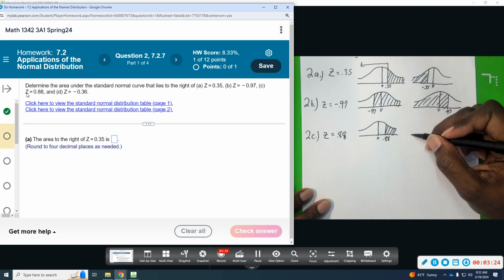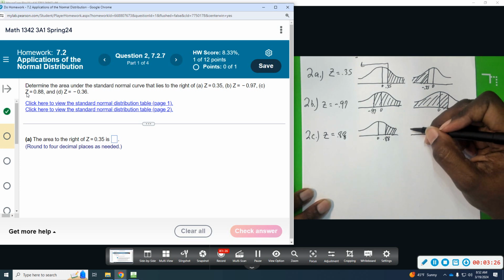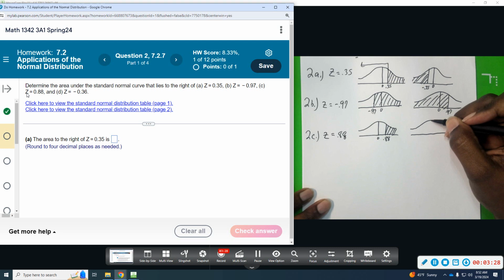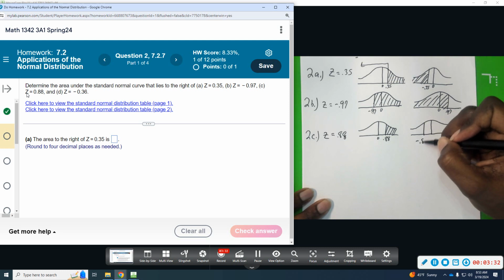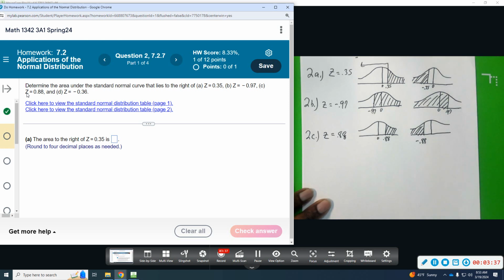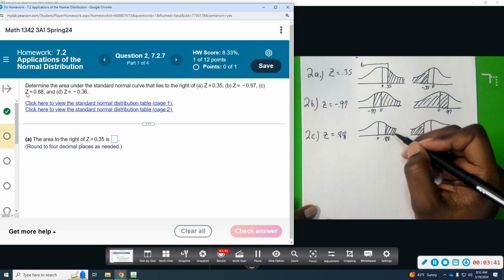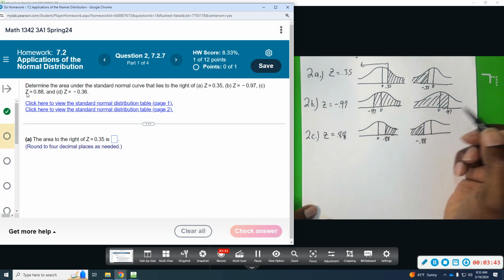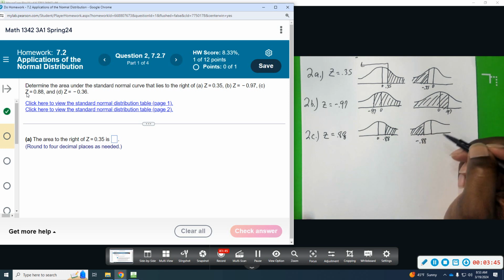If I want to find that, I can do 1 minus, or I can look up the opposite, which is negative 0.88. Anytime I want to find the right, I'm just going to look up the opposite. It's easier to do that. The 1 minus, you just have to do a little math. It's not bad either, but I like the mirror image.